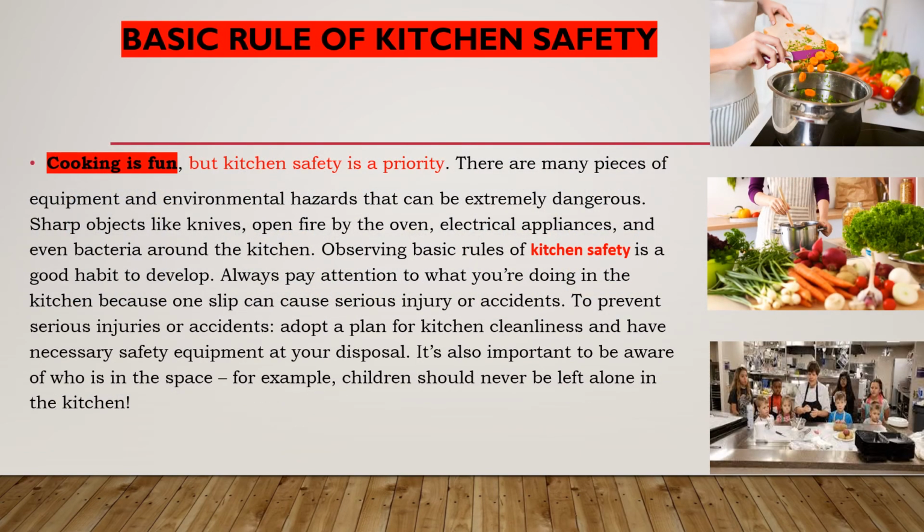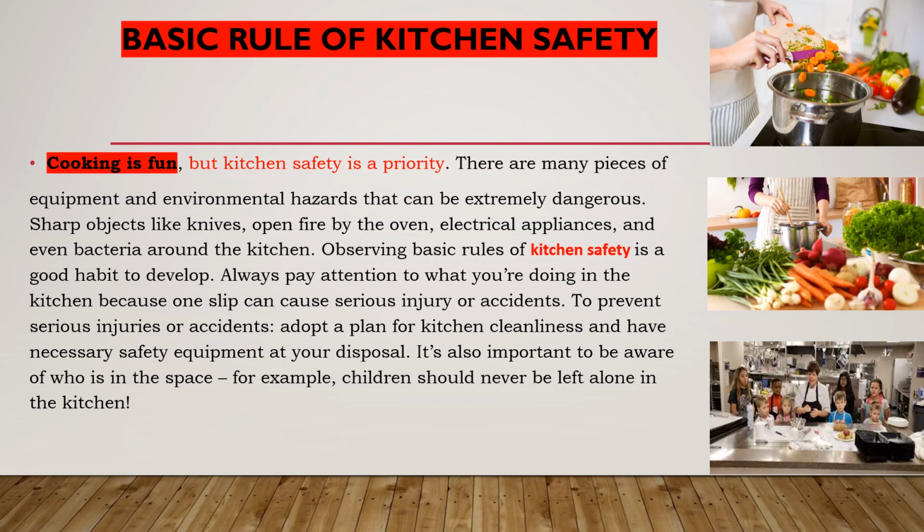So, basic rules of kitchen safety. Cooking is fine, but kitchen safety is a priority. There are many pieces of equipment and environmental hazards that can be extremely dangerous: sharp objects like knives, open fire by the oven, electrical appliances, and even bacteria around the kitchen. Observing basic rules of kitchen safety is a good habit to develop.